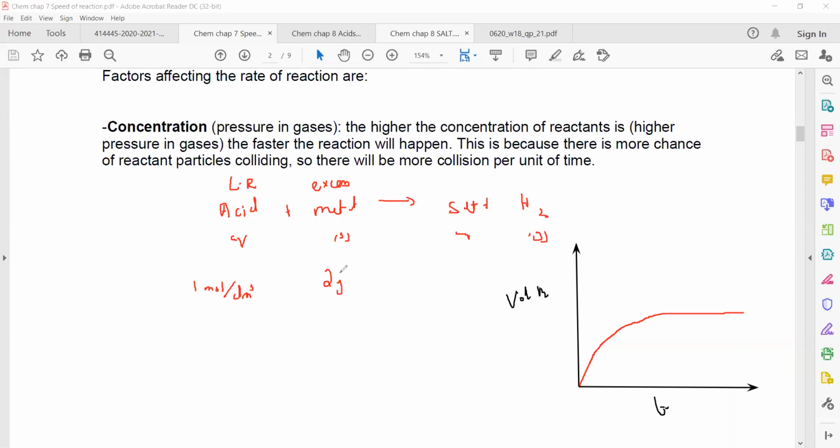If I change the amount of the excess reagent, for example, first I was using 2 grams, now I'm using 4 grams, this will only affect the rate of the reaction, but the final amount of product will remain the same.